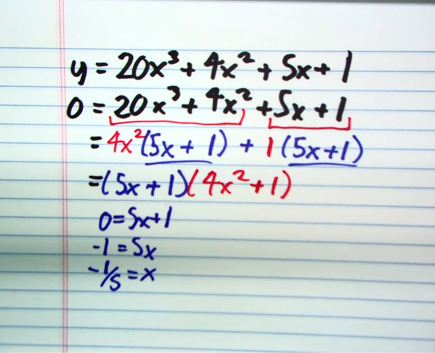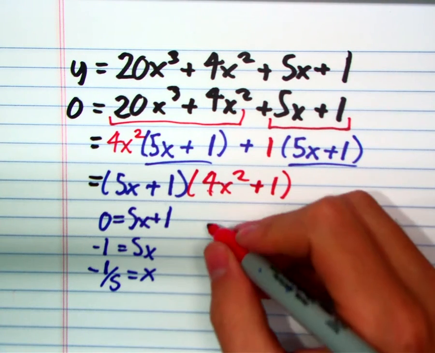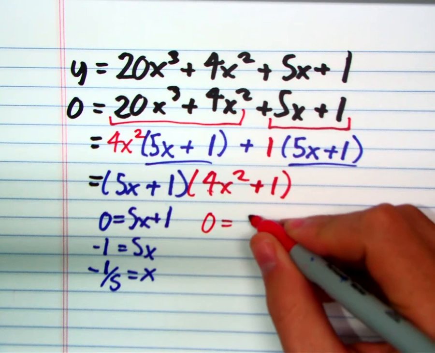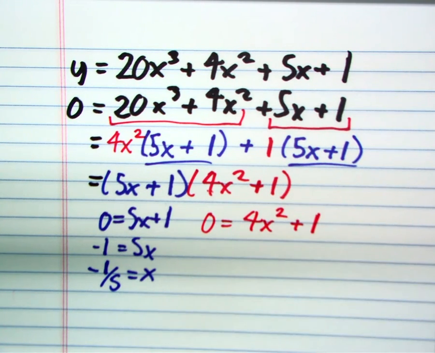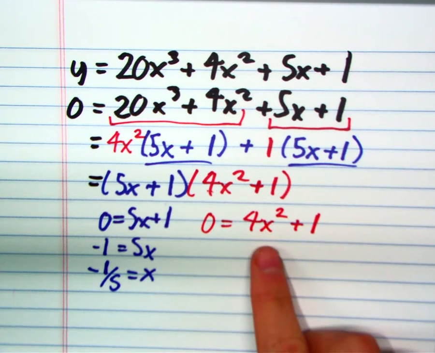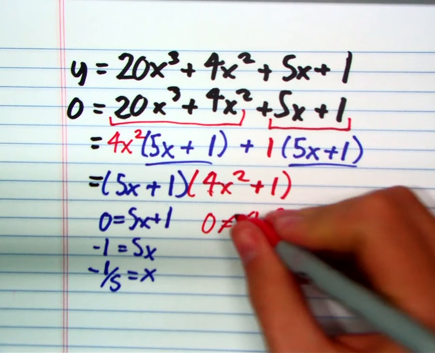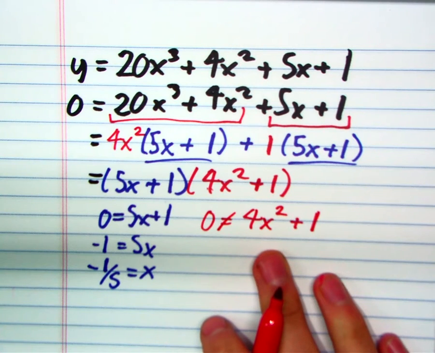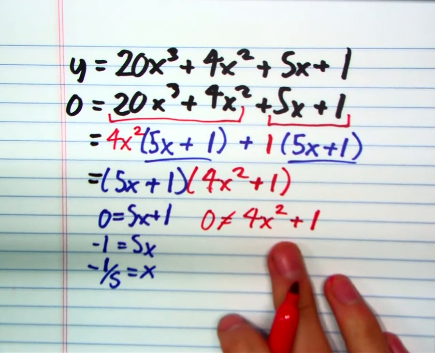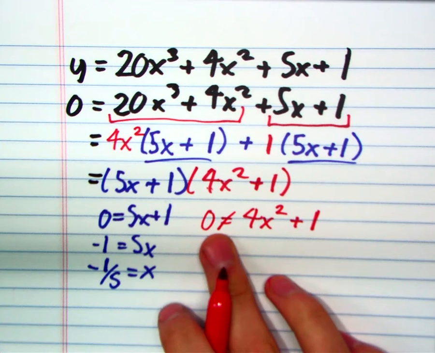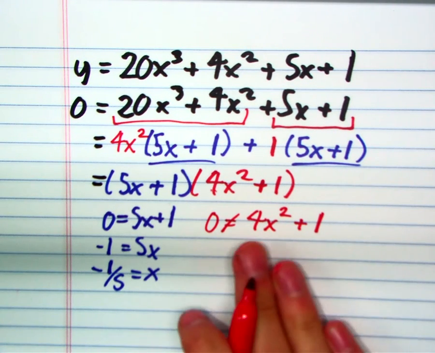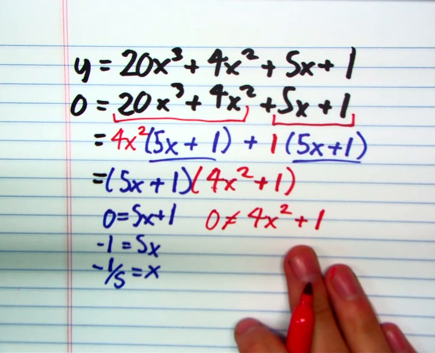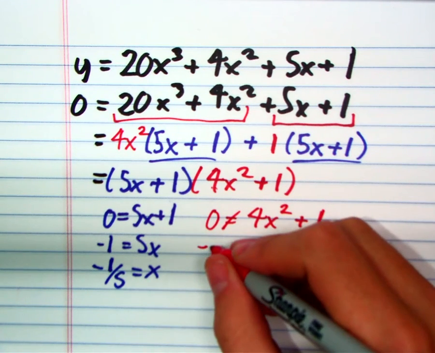So there's 1 zero. Now the question is, do sums of squares polynomials have zeros? In other words, can I make 4x squared plus 1 equal to 0? The answer is no. I can't do it. Last video we learned that sums of squares polynomials don't equal 0 for any real x. Now, to see why, you could subtract 1 from both sides.